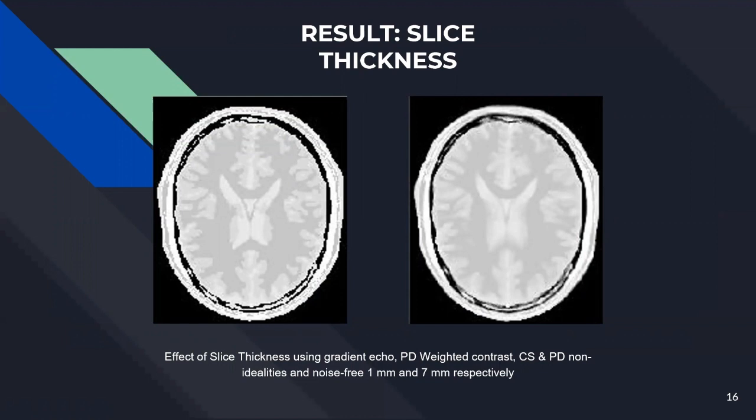The 7 millimeter version is on the right, and the 1 millimeter is on the left. In the 7 millimeter version, as you can see, the blur increases highly and edges become less distinct, as you can see in this comparison.